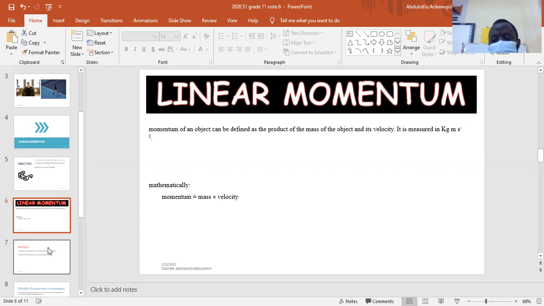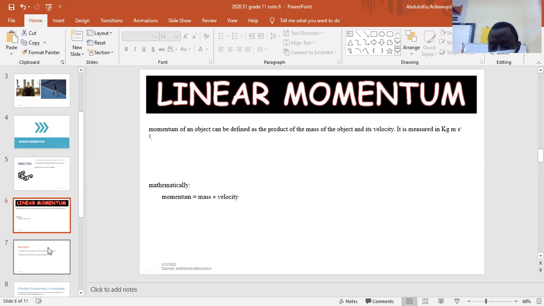So momentum is telling us the relationship between mass and velocity. If you have somebody with higher mass and somebody with a lower mass, and let's say they have the same momentum, then their velocity will not be the same. Is that okay?